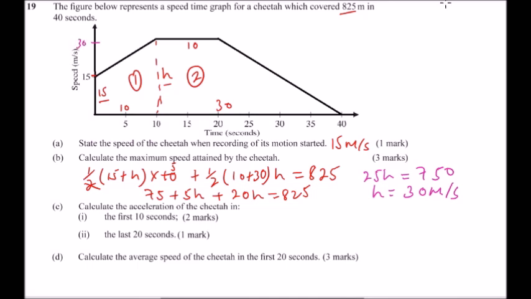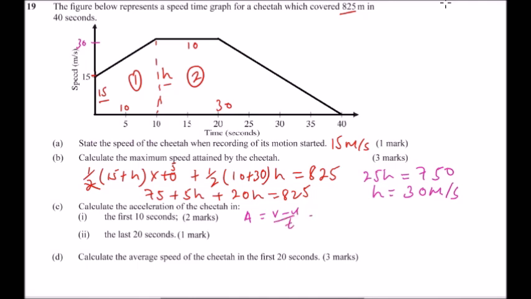Then we have C, calculate the acceleration of the cheetah in the first 10 seconds. So for the first 10 seconds, acceleration is equal to v minus u over t.